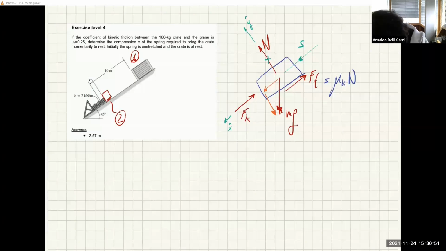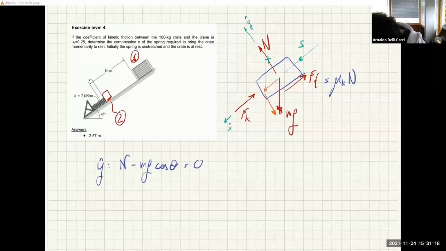And I'm going to say that for the y direction, n minus mg cosine of theta equals 0. Why mg cosine of theta? Because you know that this one is the angle theta of interest.